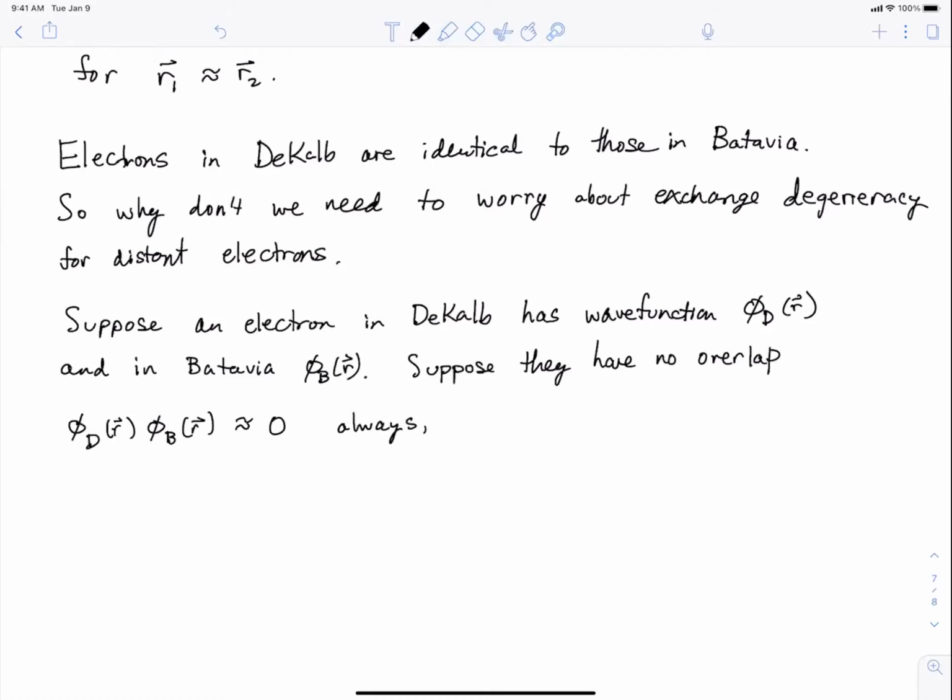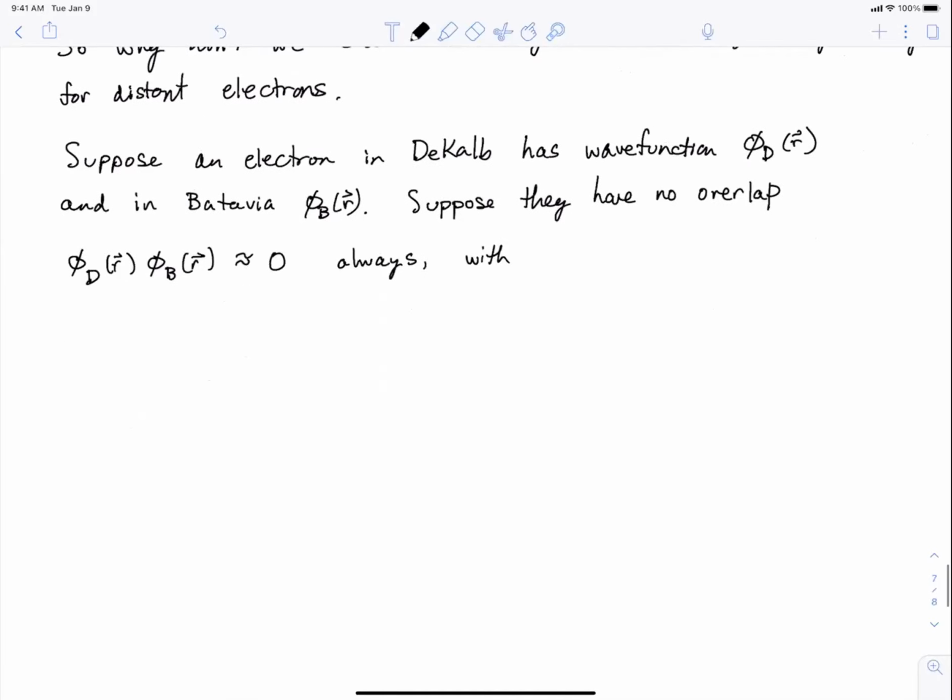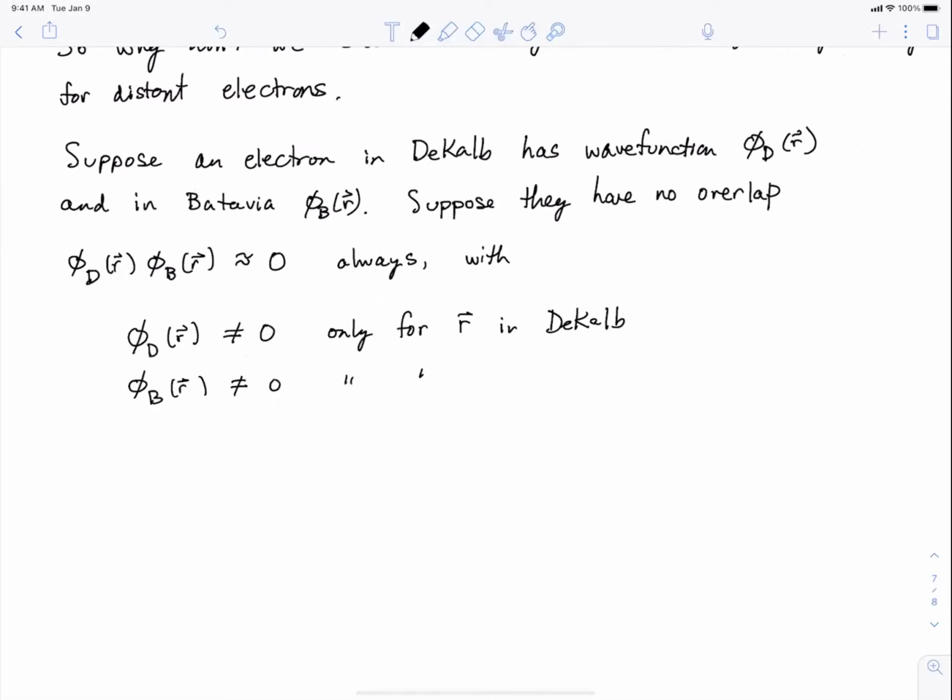And this is the reason for the labels: if I look at the DeKalb wave function, that's supposed to be non-zero only for R in DeKalb, and similarly for the Batavia one. Now, these are approximations, but we're assuming that these are very good approximations.